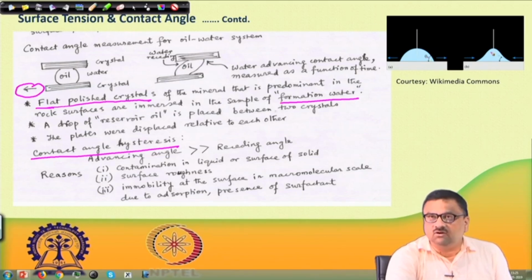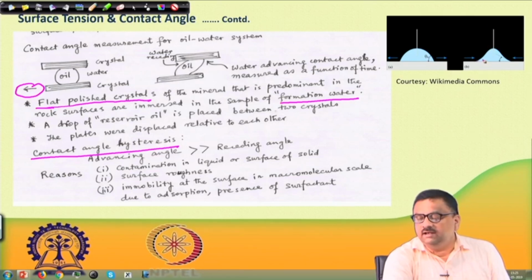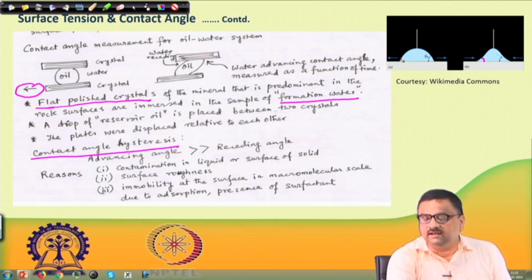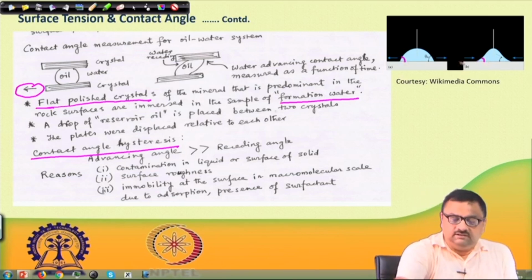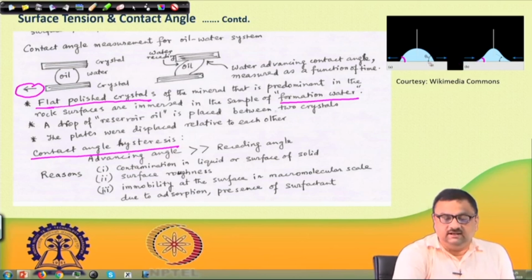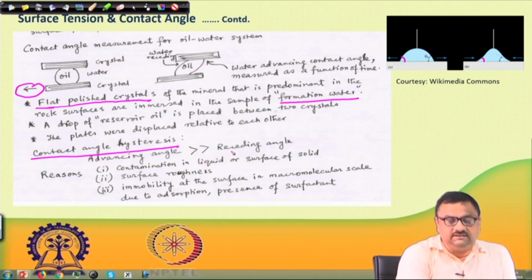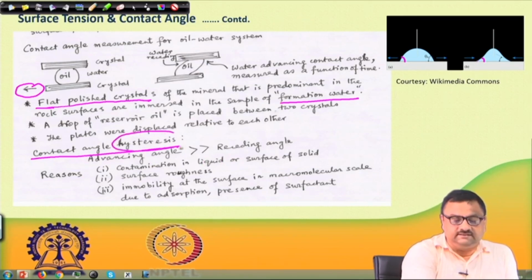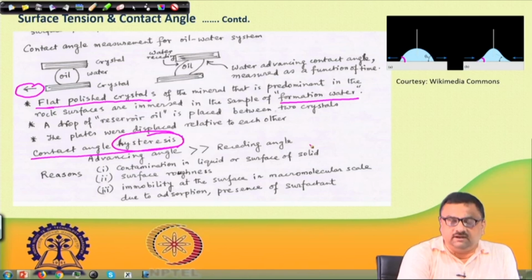When the fluid is drawn out from here, this becomes the contact angle. You can see that these two contact angles are different. The advancing angle, the water advancing contact angle, because water is advancing, is much greater than the receding angle. This is how hysteresis is defined.